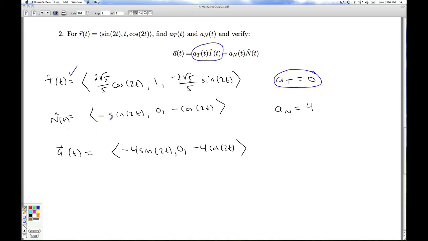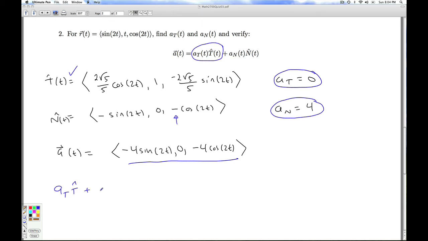Then here's our N hat, negative sine 2t, 0, negative cosine 2t. On the last slide I had forgotten my negative, but there it is, so that's what it's supposed to be. We're going to take this vector and multiply it by our normal component of acceleration, 4. And when I add them together, I should get my a, which we had before. So let's check that out.